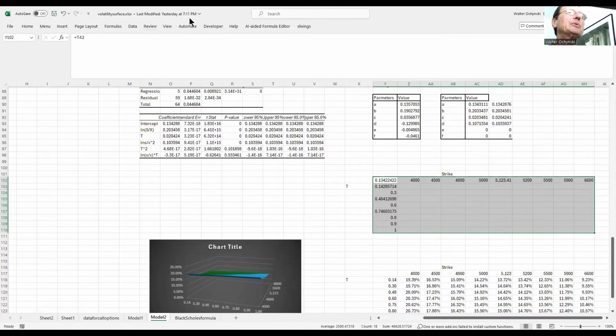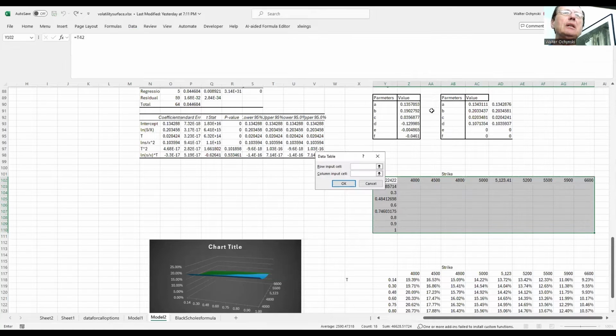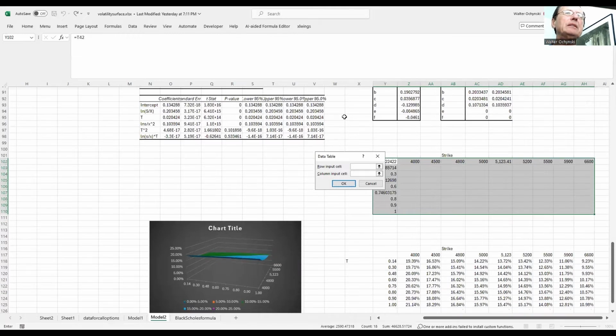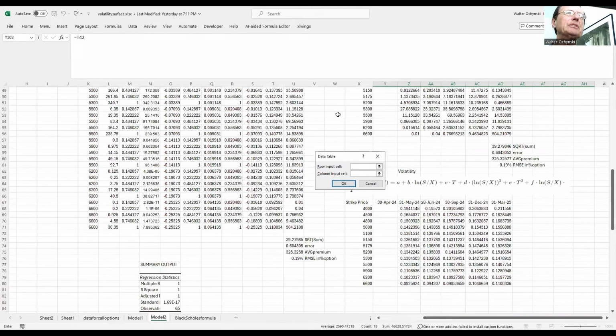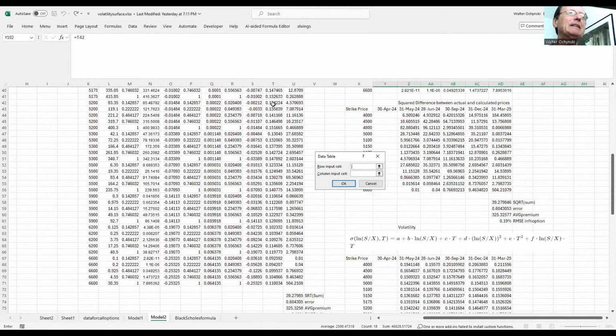Okay, now I go to Data, What-If Analysis, Data Table, and I have to enter 42, because this formula refers to the formula for how we calculate volatility.